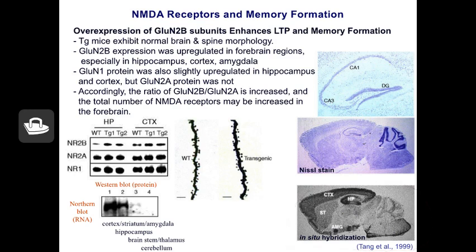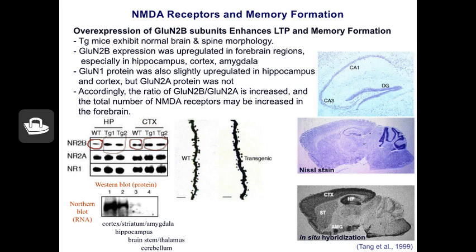In the Western blot analysis shown on the upper left, we can see that the protein expression for GluN2B is upregulated in the hippocampus and cortex for the 2 strains of transgenic mice in comparison with the amount of NR2B seen in the wild-type mice.